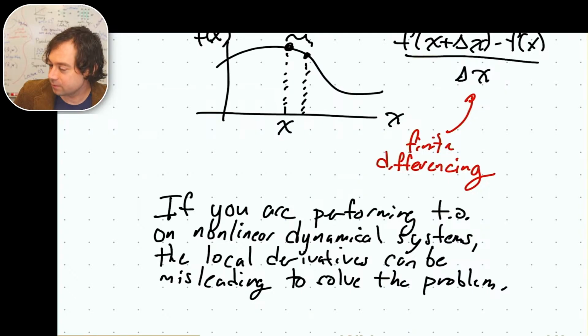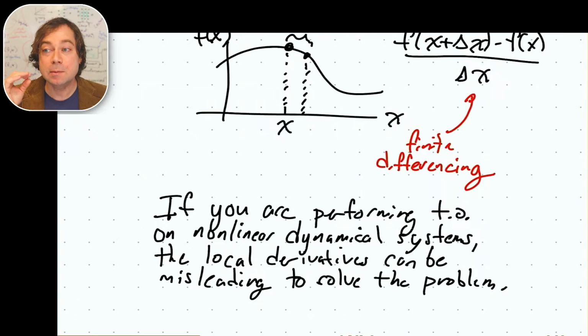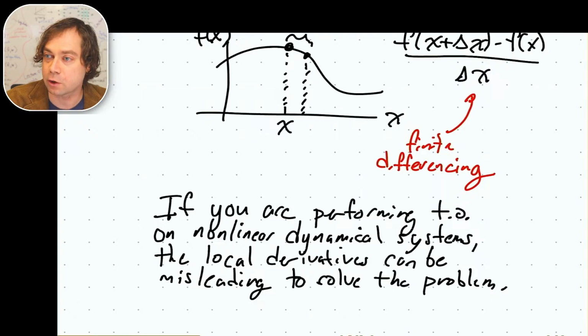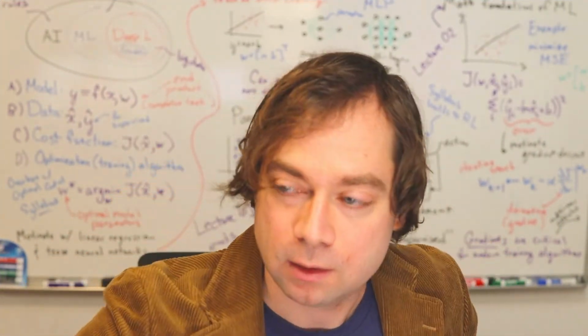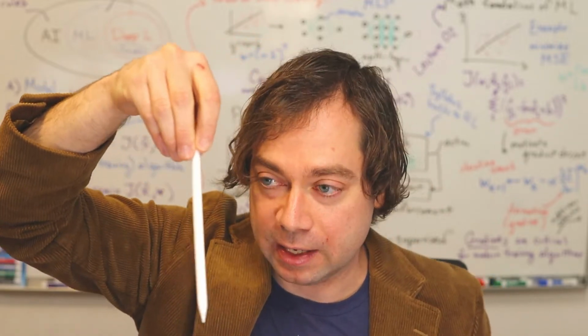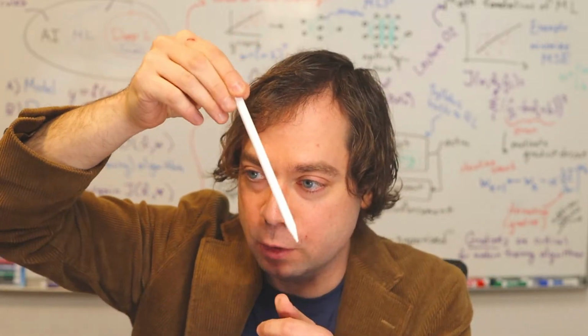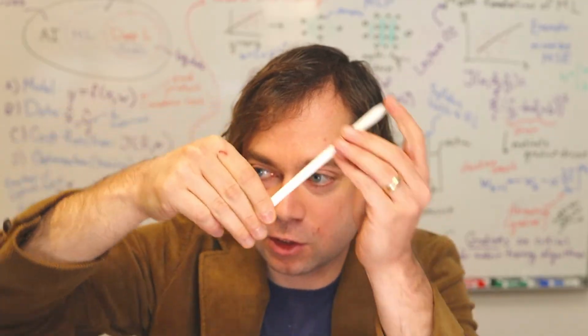All right, so, sorry, where were we? It can be misleading to solve the problem, and I'll kind of show you why. All right, sort of big picture. Let's take a problem such as swinging up a pendulum. Let's say there is a motor at my hand, and I want to swing it up.